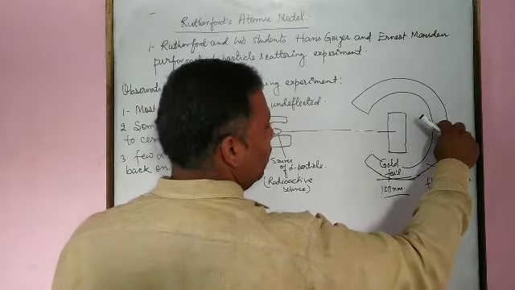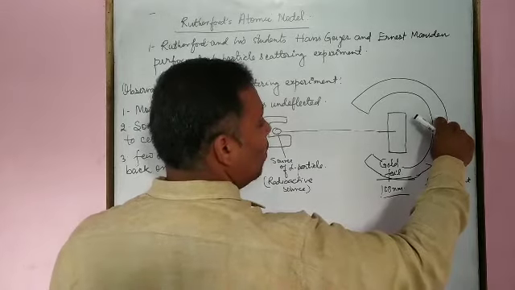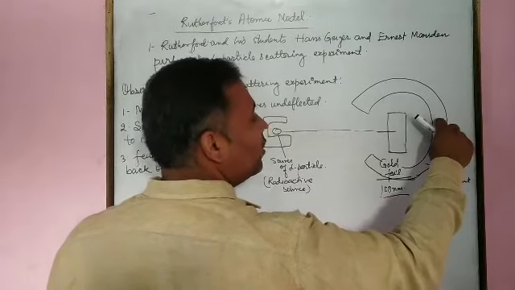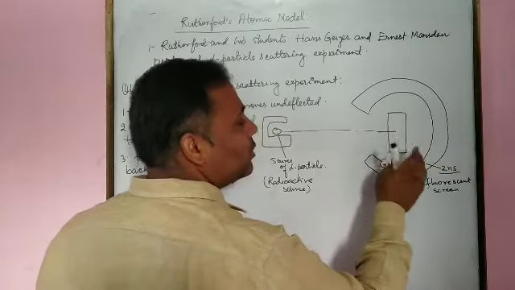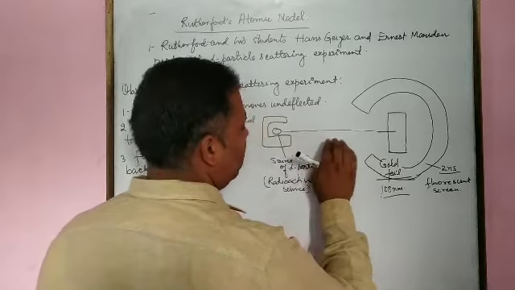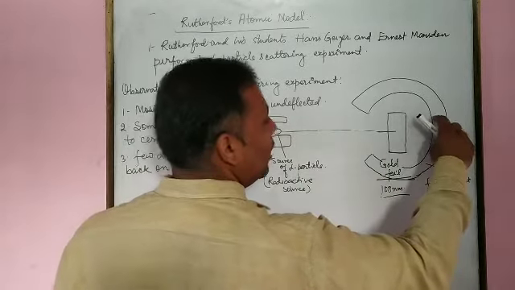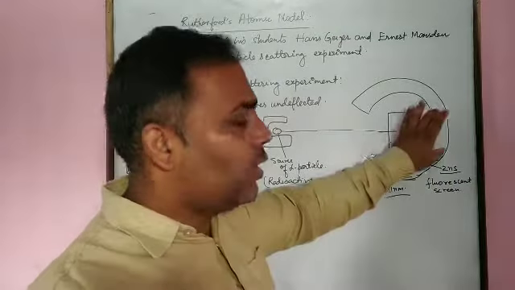It means here he observed the maximum concentration of bright spots, and the maximum concentration of bright spots here indicates that the maximum number of alpha particles strike here. Why is this so? Because they move undeflected.